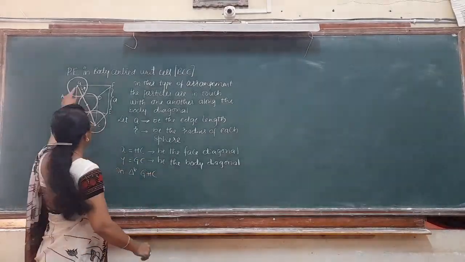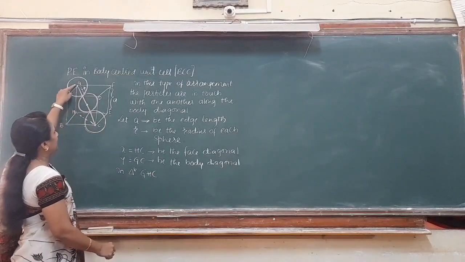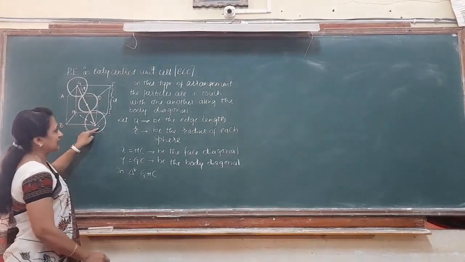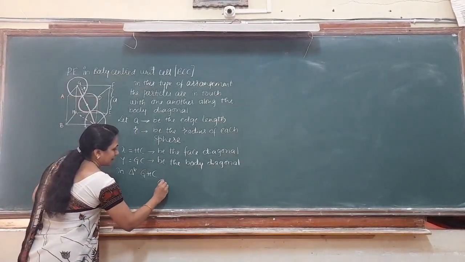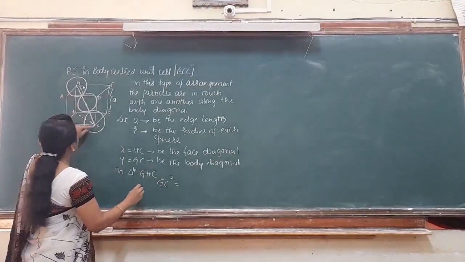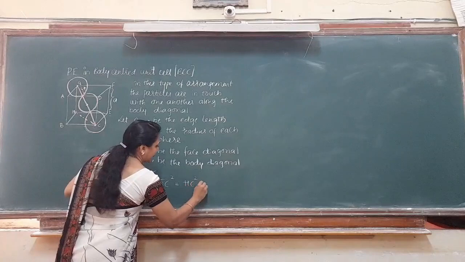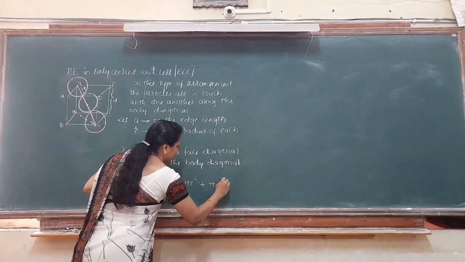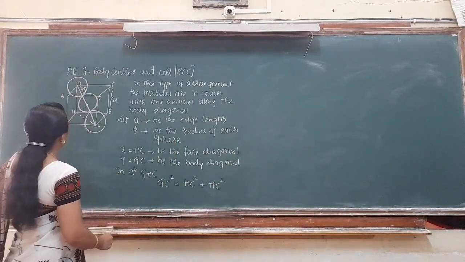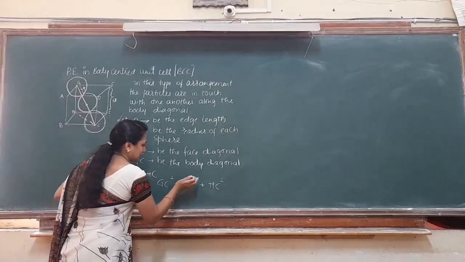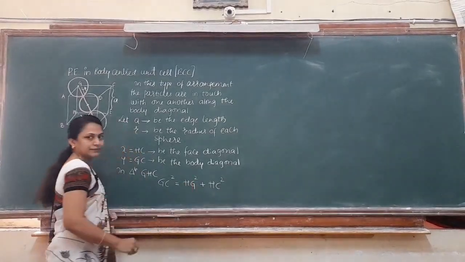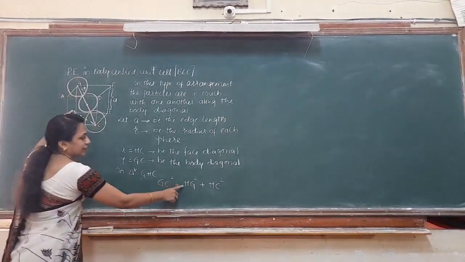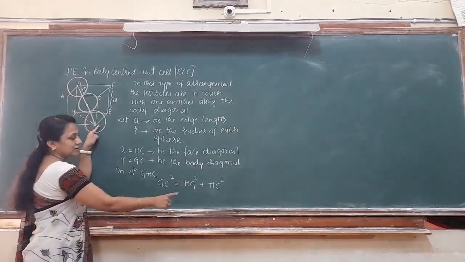In triangle GHC, GC square is equal to GH square plus HC square. So GC square is equal to HG square plus HC square.